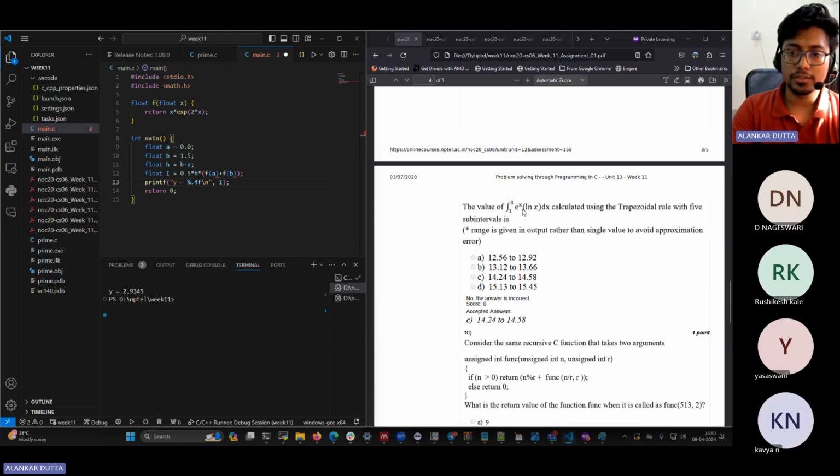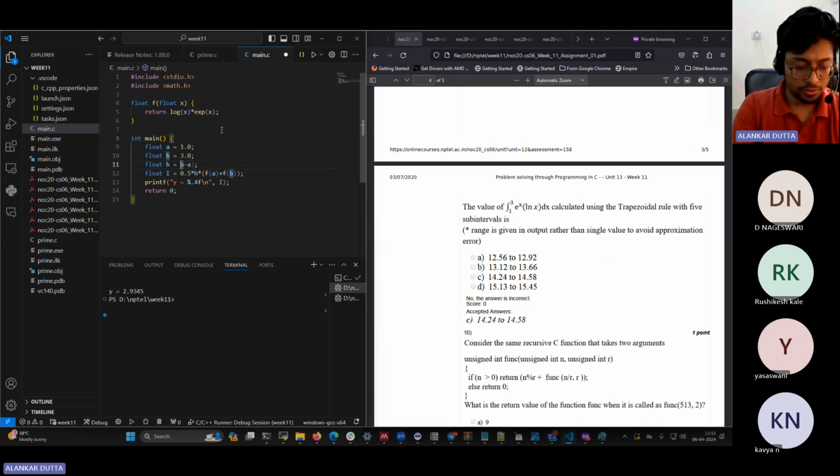So you see the function is exponential of x times ln of x. ln of x is nothing but log x, and we have an exponential of x, right? And a is now 1, b is 3, and h. So now you see we are dividing into intervals of 5.